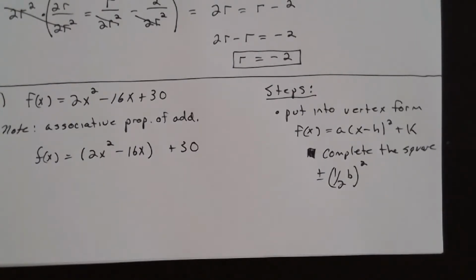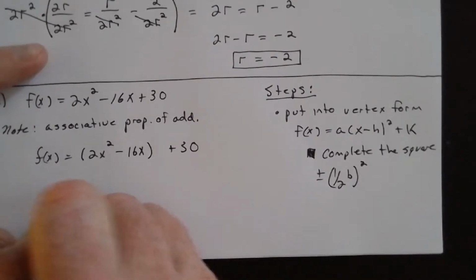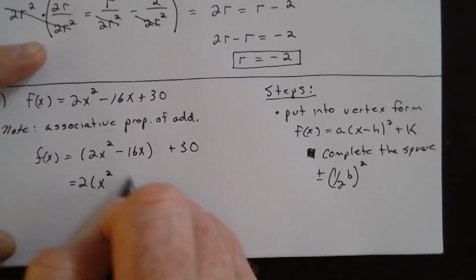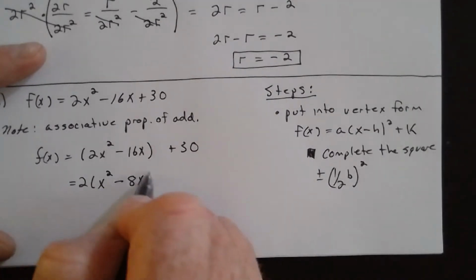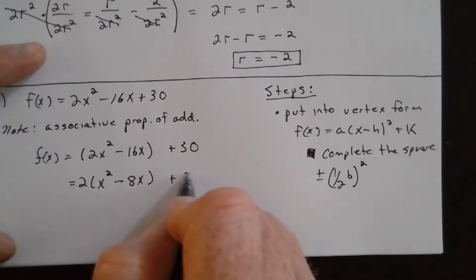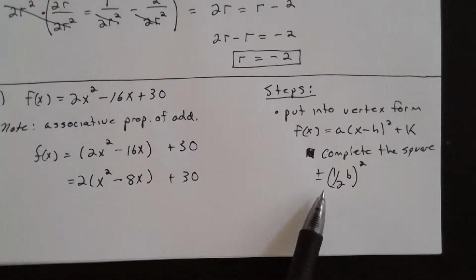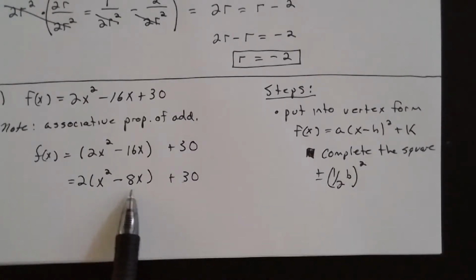Then we're going to factor out a 2. This is where we will incorporate our complete the square formula. What is the coefficient of b? It's -8.